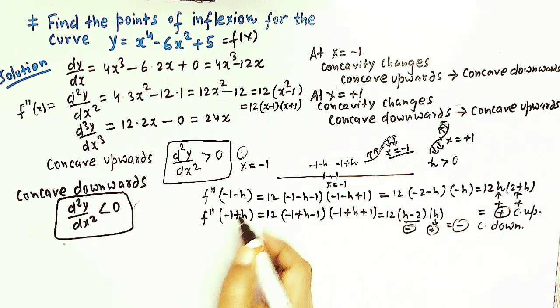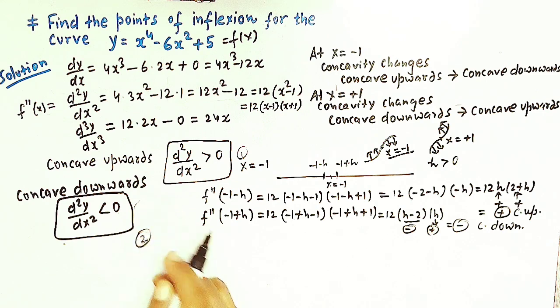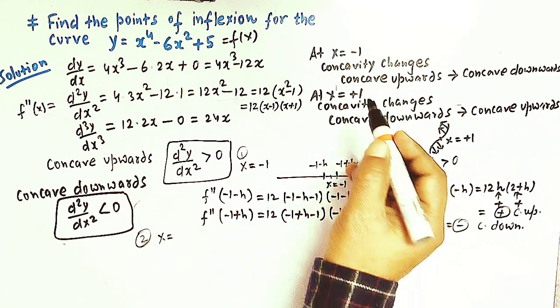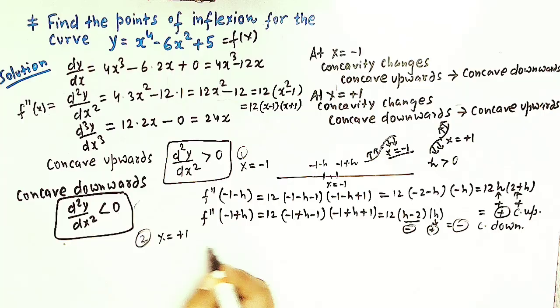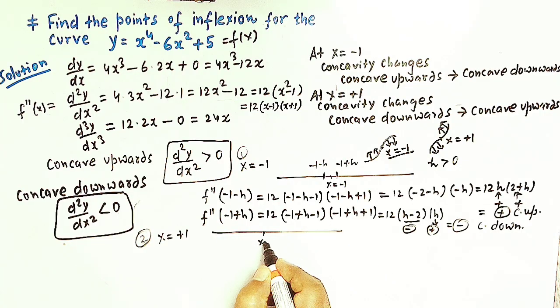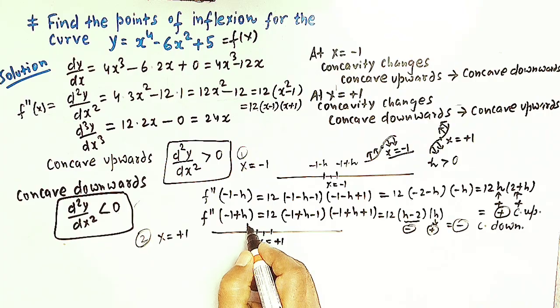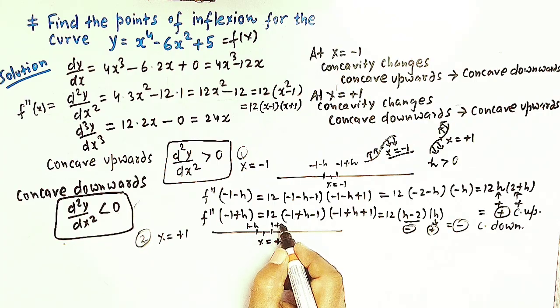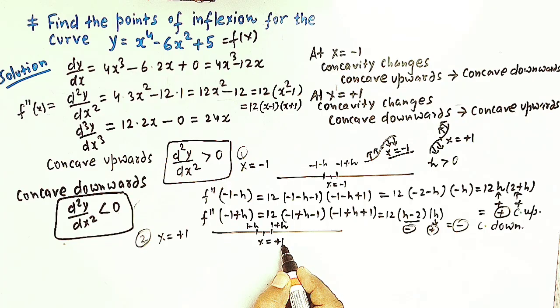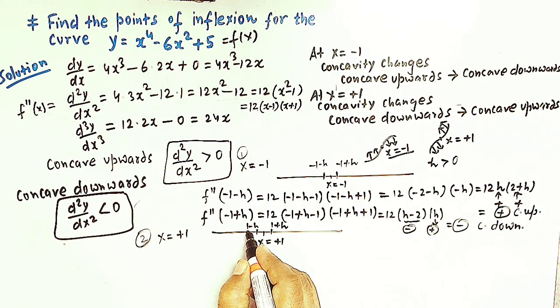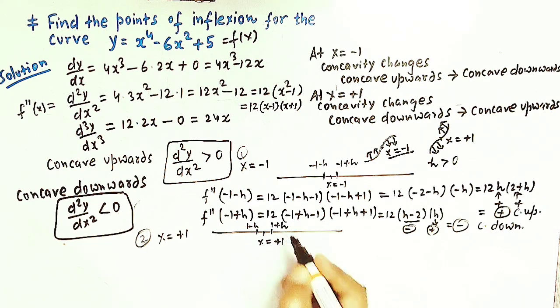And similarly for this point, that is, x is equal to +1, we have 2 points, 1 minus h and 1 plus h, in the neighborhood of x is equal to 1. So let us now calculate the change in sign of the second derivative as we move from 1 minus h to 1 plus h through x is equal to 1.